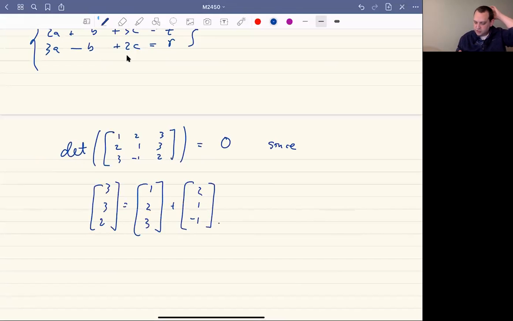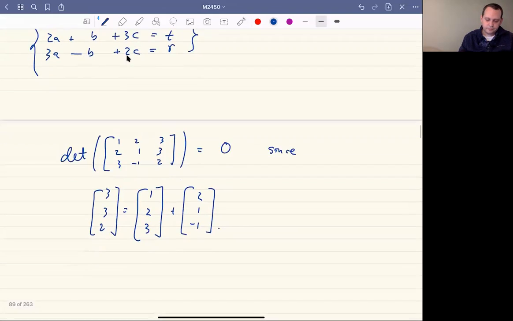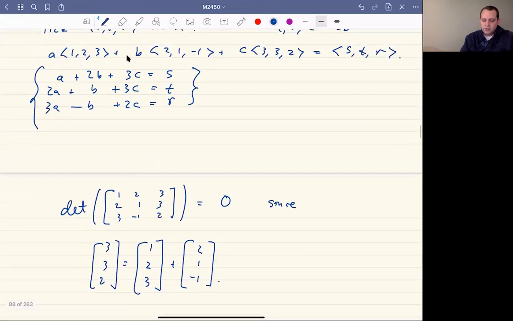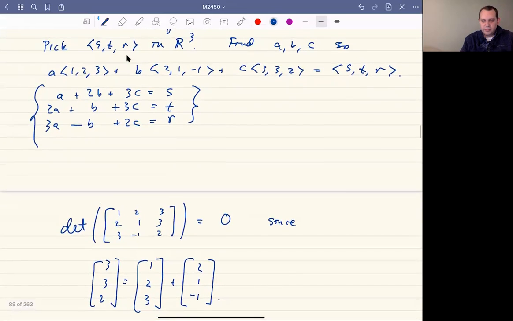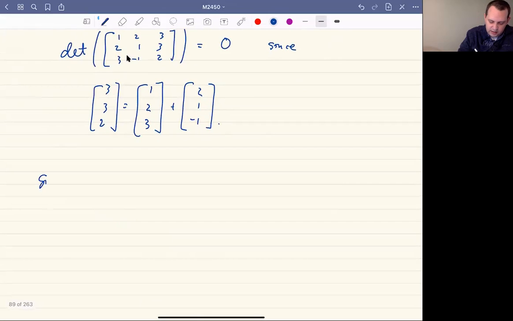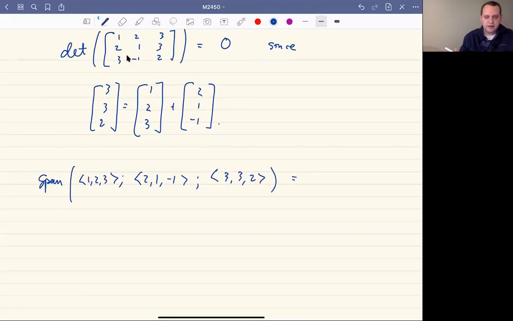So if you were to try and solve this system, you would not get all of R3, you would only get a certain subset. The span of the vectors 1, 2, 3, 2, 1, negative 1, and 3, 3, 2 is not going to be all of R3.